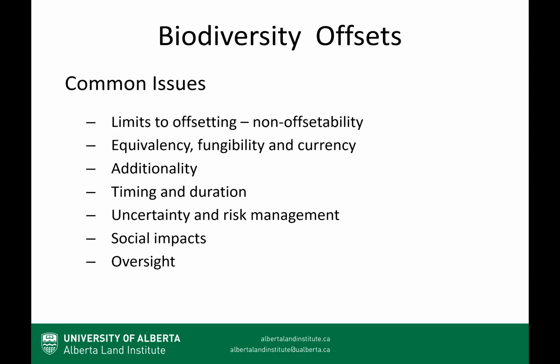But how do we take appropriate measures to minimize that risk and to address the risk that remains? One of the most common tools used there is the use of multipliers. That is, the offset project is larger than the impact project by some multiple.